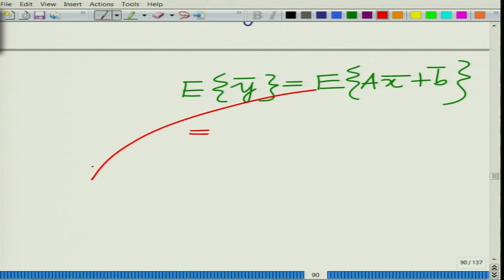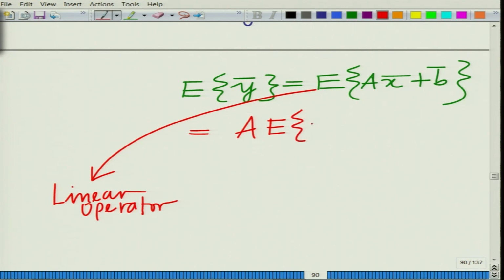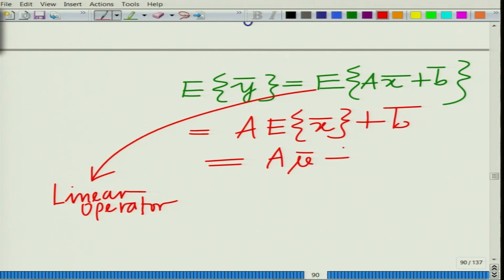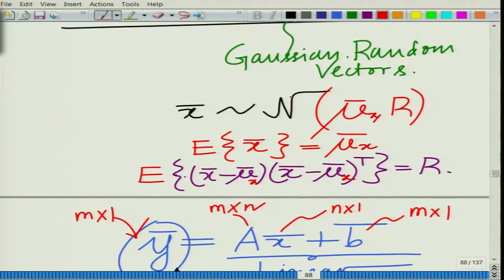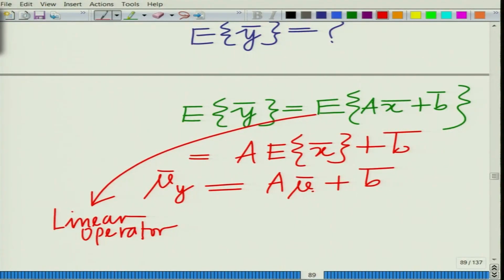Expectation operator is linear, which means I can write this as A times expected value of x bar plus b bar, which is nothing but A times mu bar plus b bar, because expected value of x bar is mu bar. We can write this as mu bar x.